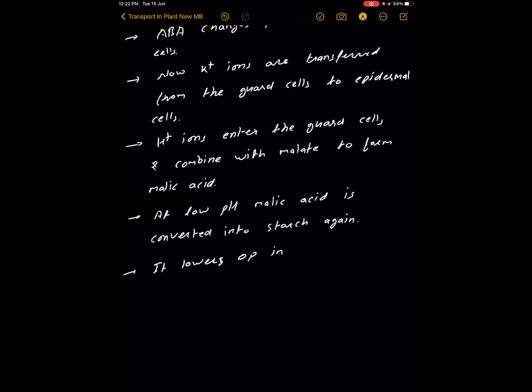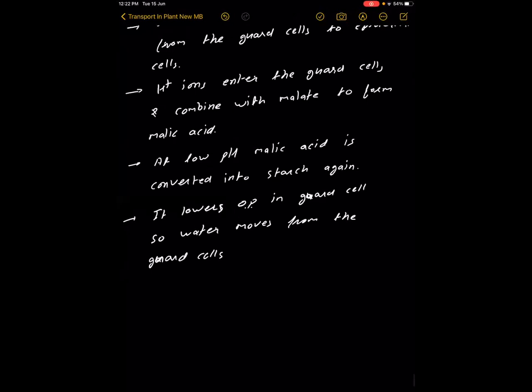Guard cells. So water moves from the guard cells, the cells become flaccid and stomata are closed.